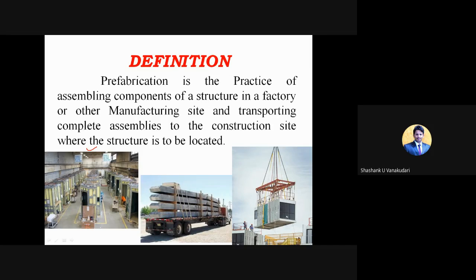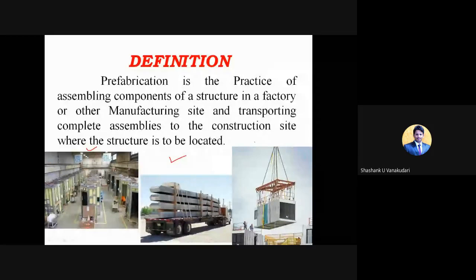Okay, and then after the manufacturing process they are going to transport those structural elements through different vehicles to the construction site where exactly that structure is going to be located. And then after reaching that site, they need to erect those structural elements and place them at the required locations.